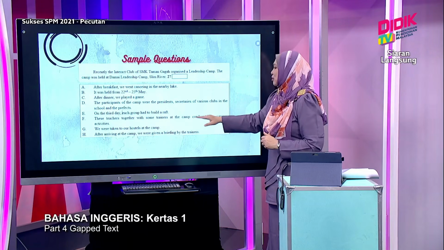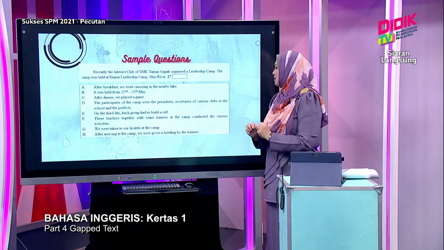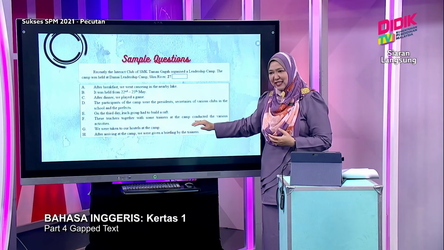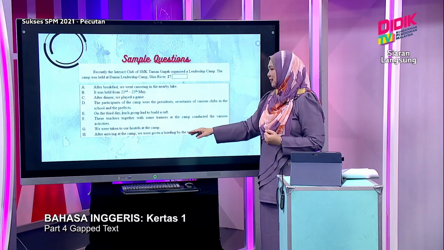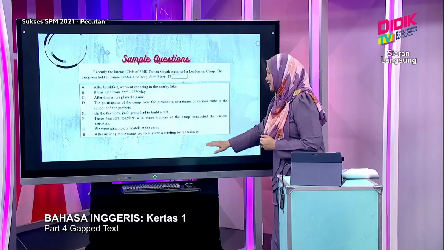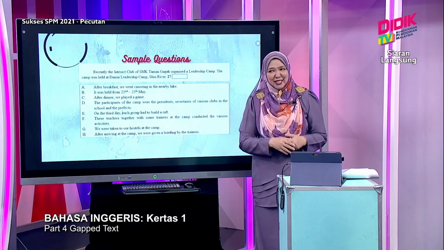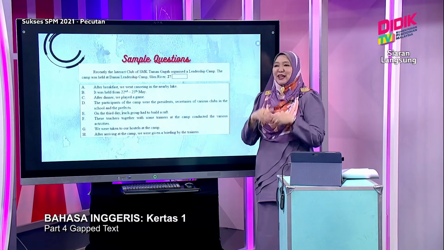"These teachers, together with some trainers at the camp, conducted the various activities." Now, this is about activities, not yet. "We were taken to our hostels at the camp." Have you arrived at the camp yet? Not yet. And lastly, "After arriving at the camp, we were given a briefing by the trainers." So, it's also not yet.